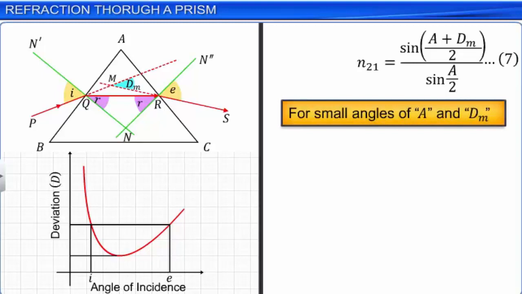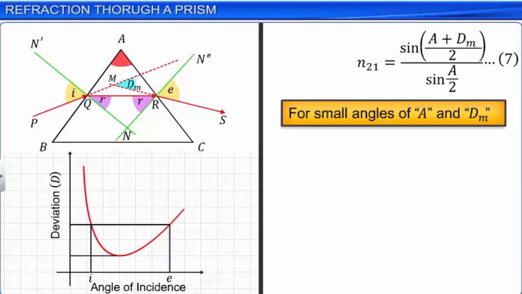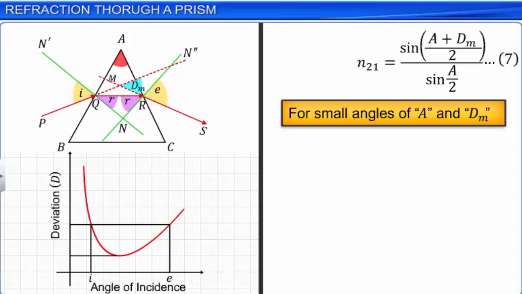Hence, we can assume that sin((A + Dm)/2) is approximately equal to (A + Dm)/2, and sin(A/2) is approximately equal to A/2. Substituting these values in equation 7, we get n21 is equal to ((A + Dm)/2)/(A/2).